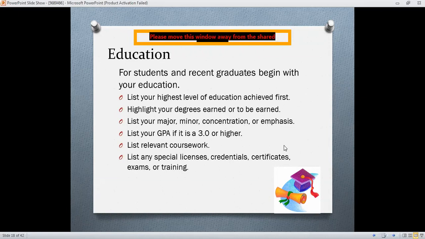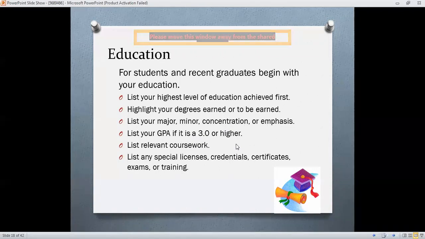List your major, minor, concentration and emphasis. List your GPA if it is greater than 3.0, meaning if your percentage is good, at least 60%, then you can show your percentage. Otherwise, you can avoid writing your percentage.